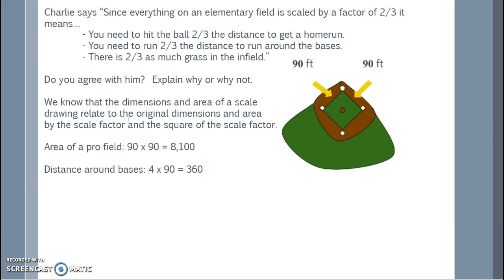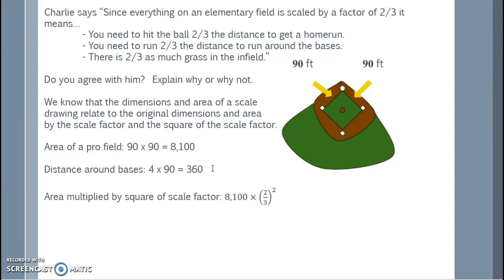The distance around the bases is 4 times 90. Since from home plate to first is 90, first to second is 90, second to third is 90, and third to home is 90. So the distance is 360 feet all around the bases.